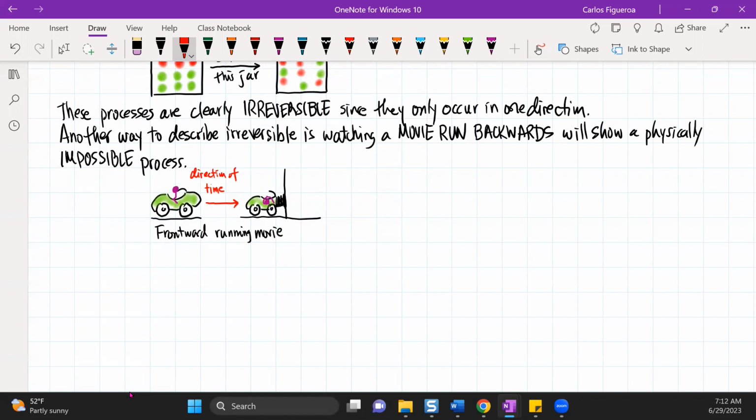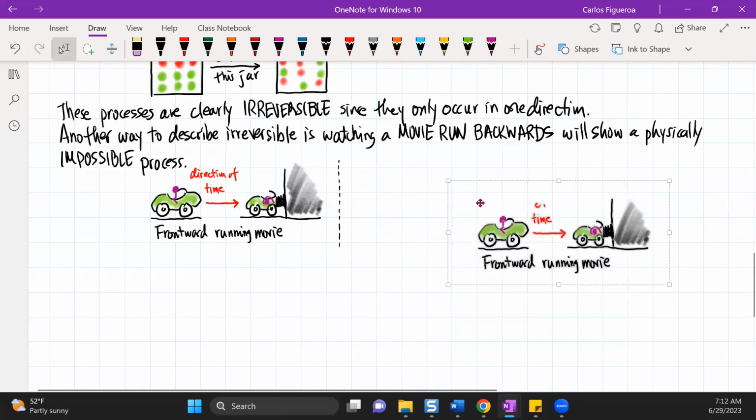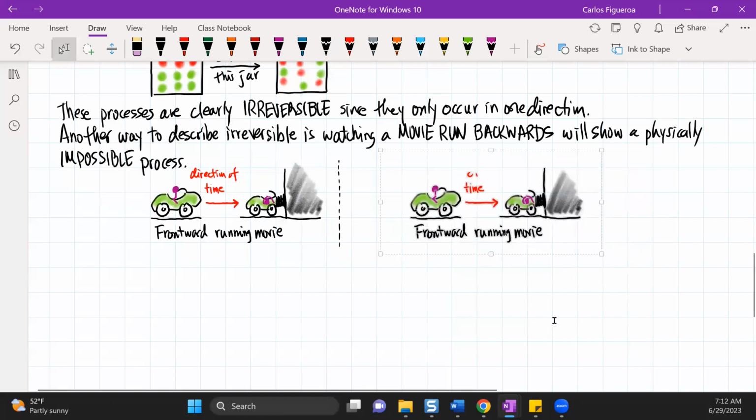Now, if we were to run this thing backwards, so let's say I copy this and paste it right here, but now this is a backwards running movie where the time is going like this instead. So this is now the direction of time.